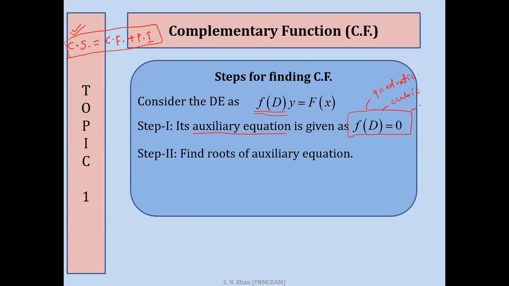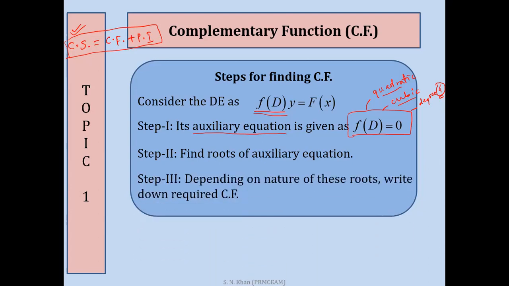And sometimes it will be of degree 4. Okay? So if there is a quadratic equation, then there will be 2 roots. If it is a cubic equation, then there will be 3 roots. And if it has degree 4, there will be a total of 4 roots. जो भी roots equation के आएंगे हमें वो calculate करना है, and we will use a calculator for calculating the roots of this auxiliary equation.